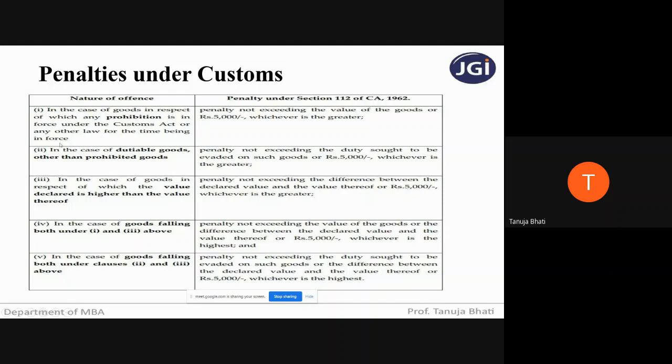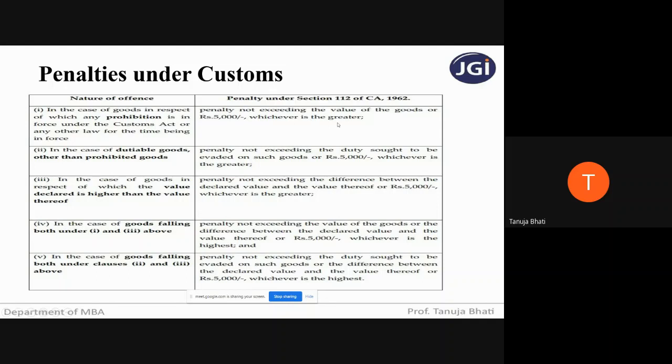If goods are prohibited to be imported or exported, but they are imported or exported anyway, then the importer or exporter is dealing in prohibited goods, and the penalty is a penalty not exceeding the value of goods or rupees 5,000, whichever is greater.